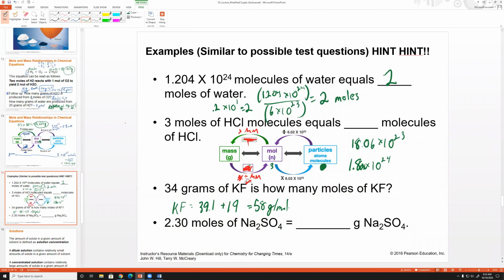If our sample is 34 grams, we're going from grams to moles. So we look at the chart, we go from grams to moles. The number is getting smaller, so we have to divide by our molar mass. So if we divide 34 by 58, what is that equal to? Anybody?